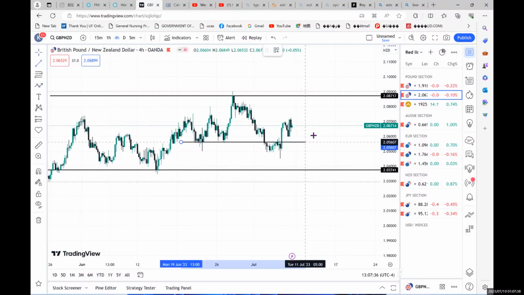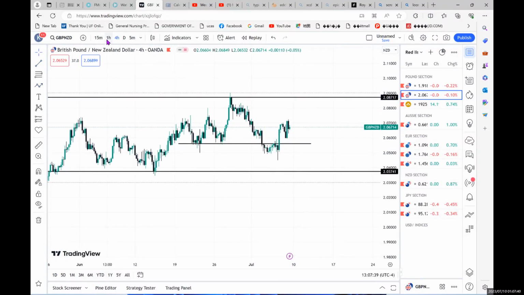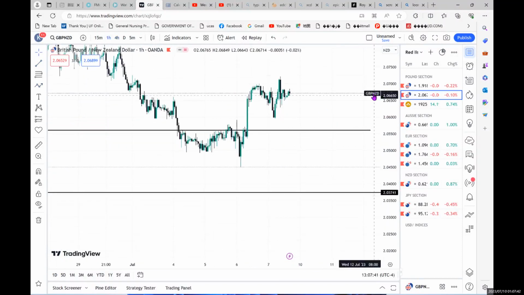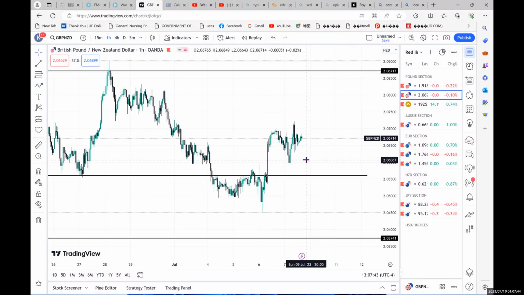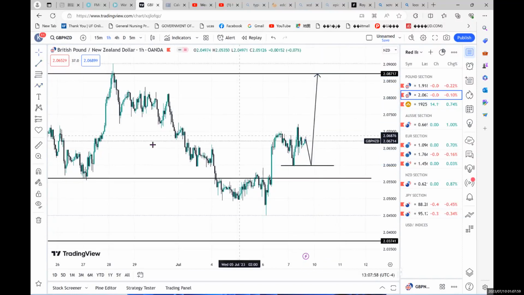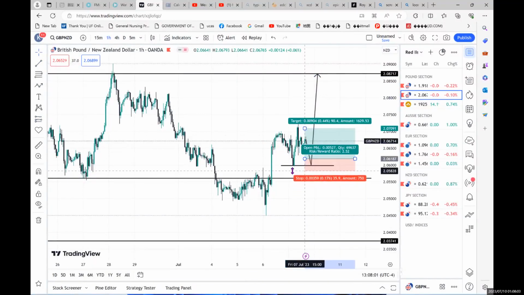Support here. Let's go down to the 1 hour. I'll be looking for something like this. Hopefully price can come back down onto that support here and give us some pullback and a further push to the upside back into that area, back into the highs here and up.